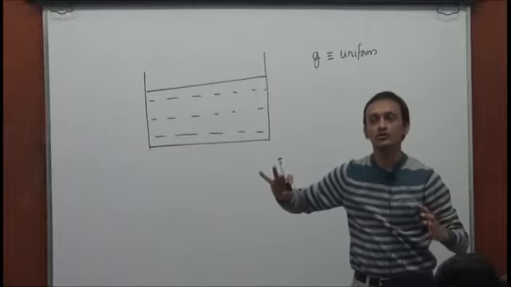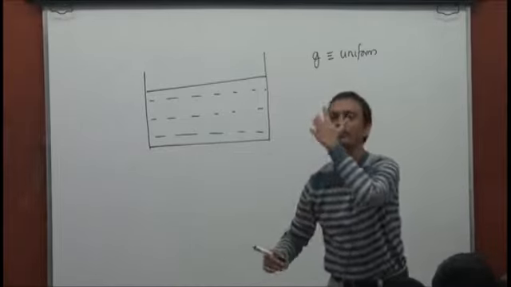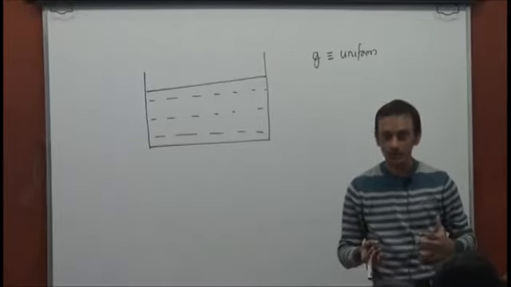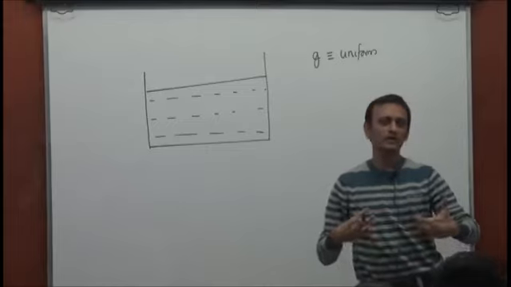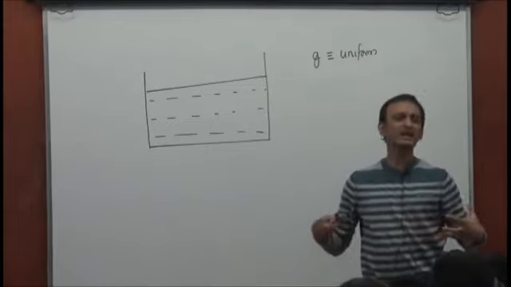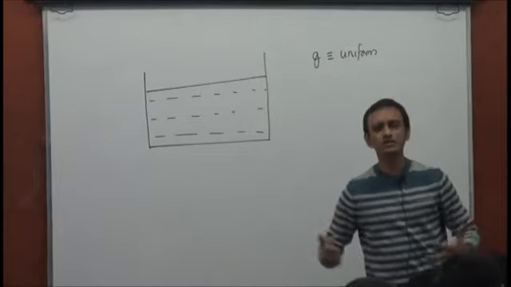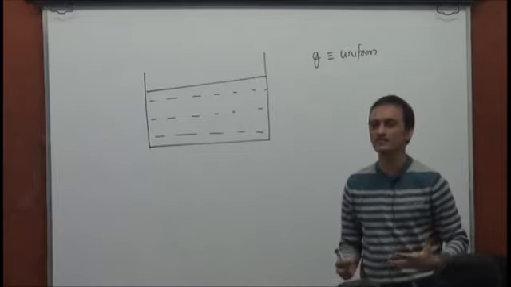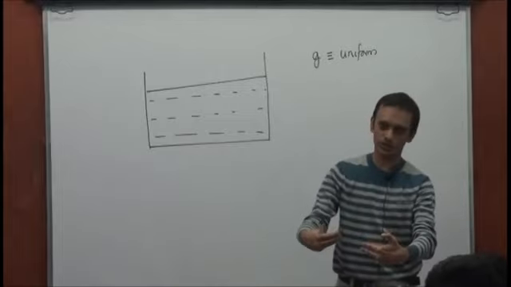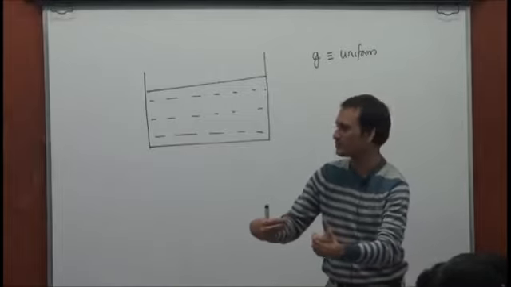Not good enough to invoke variation of g over those heights and lengths, right? The radius of the Earth is roughly 6,400 kilometers, so any dimension much smaller than that would entail uniformity in g.